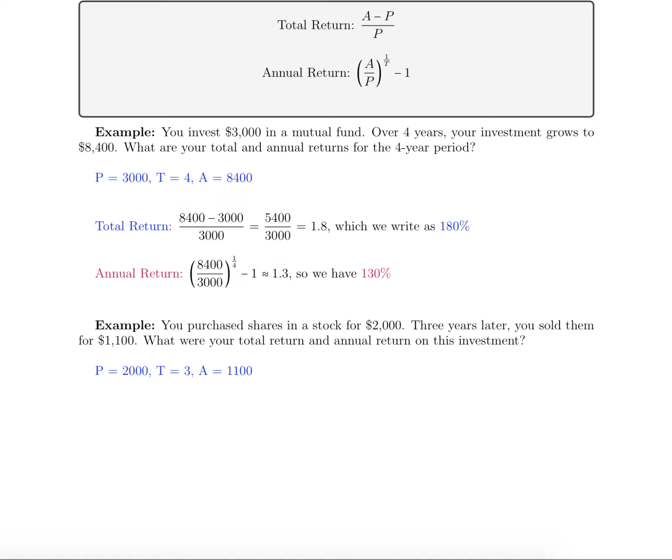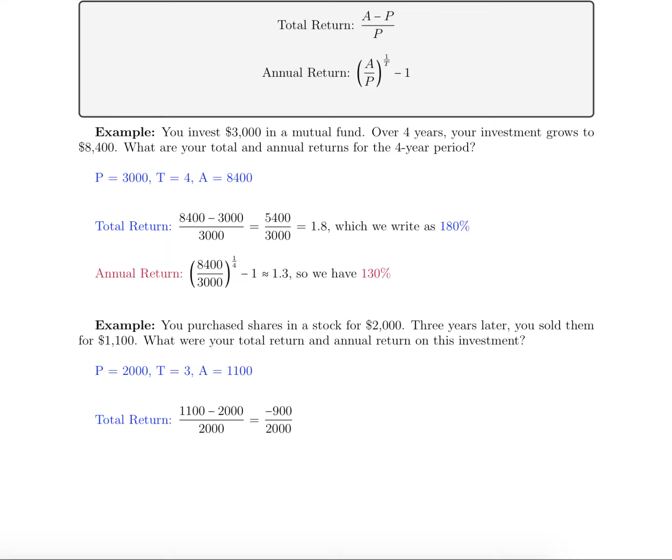So our total return, we plug again straight into this formula up here, and we get 1100 minus 2000 over 2000. So first I'll do the numerator, 1100 minus 2000. That gets us negative $900 divided by 2000.